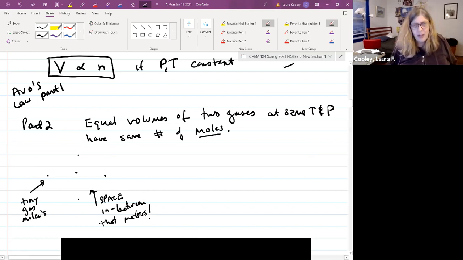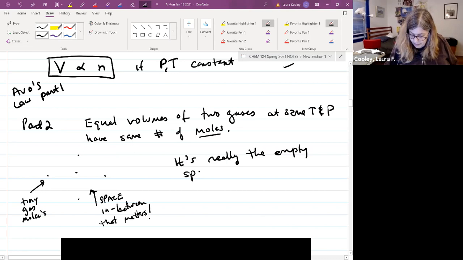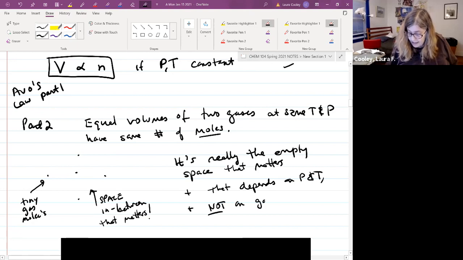That's only going to affect how heavy that little particle is, or how big it is, like hydrogen versus ammonia or something like that. But the important thing is that it's really the empty space that matters. And that depends on P and T and not on the gas's identity.